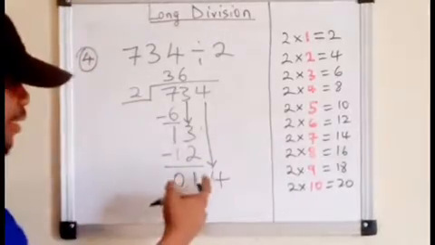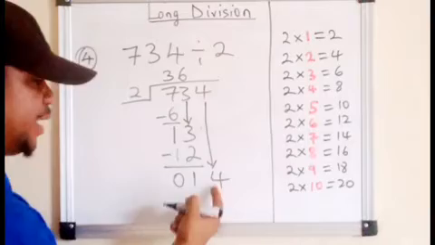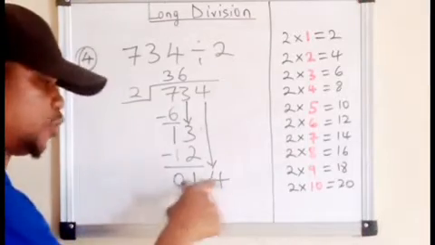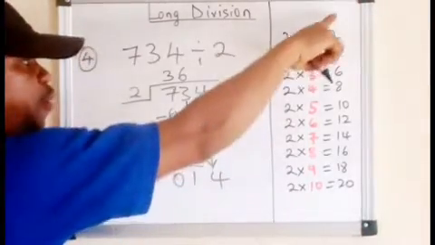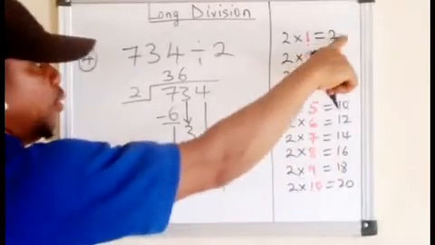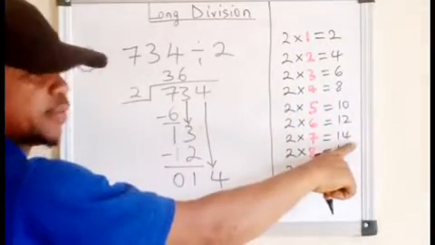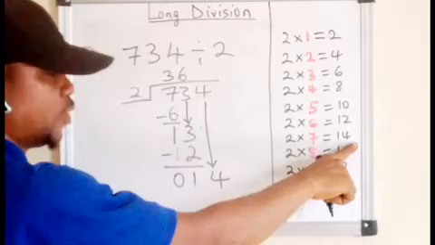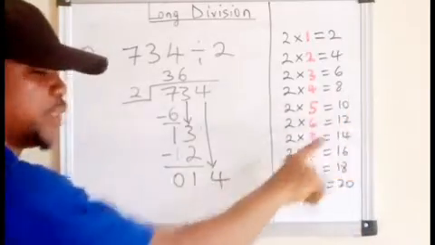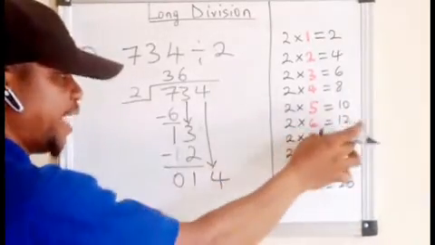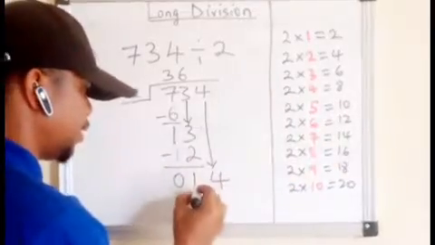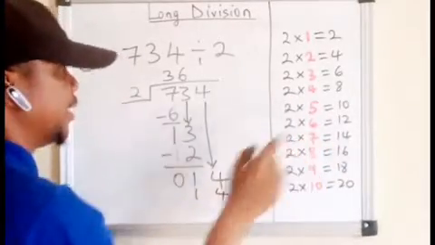So we now see that this 4 will join with the 1 that is here to make 14. So we look for 14 here. See, 14 is already here. So we don't have to choose any other smaller number. Since we can find 14, we take it straight. 14. The middle number there is 7.